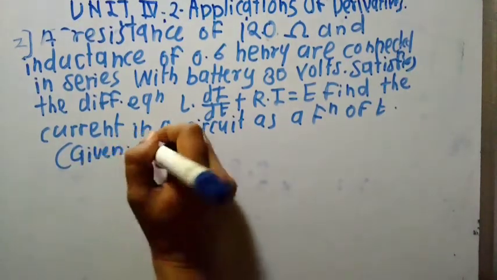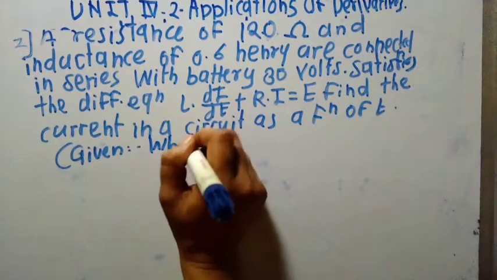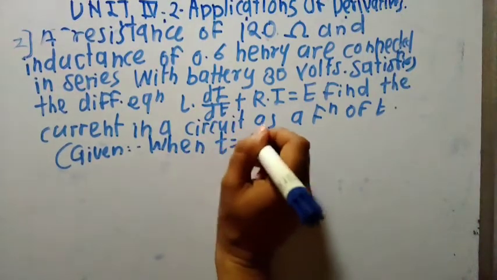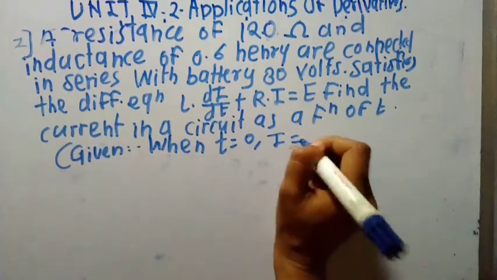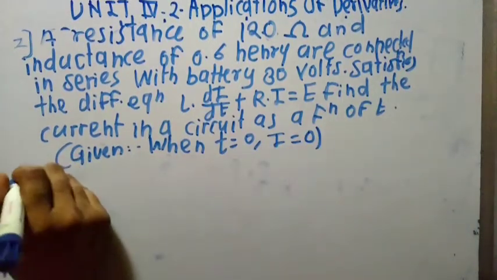So given when t is equal to 0, I is equal to 0.